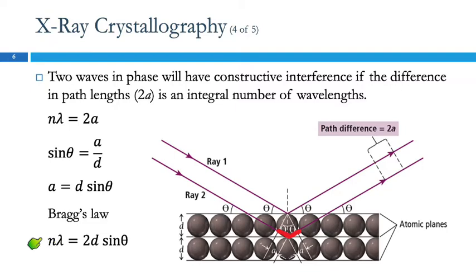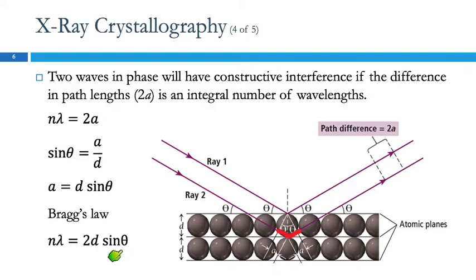So in Bragg's law, there's an integer times the wavelength is equal to 2d times the sine of theta, where d is the distance between the atoms. So what they do is they'll twist the solid at different angles until they get the constructive or destructive interference.